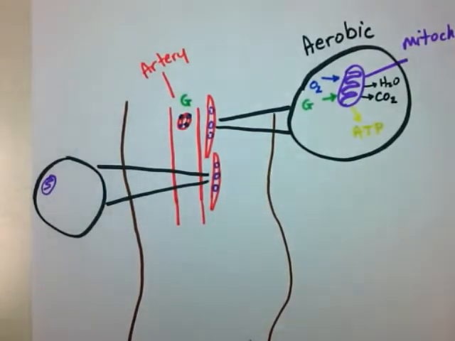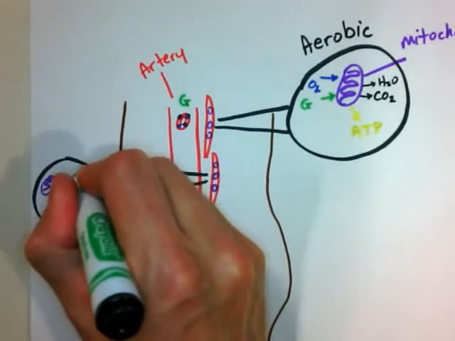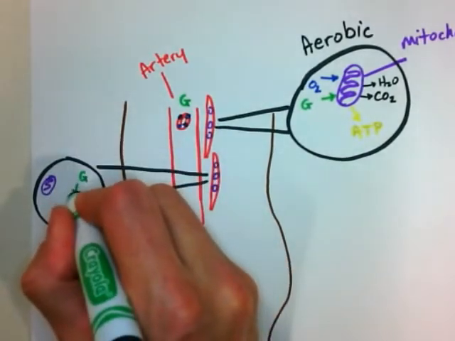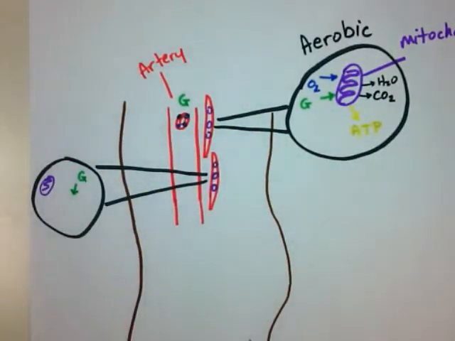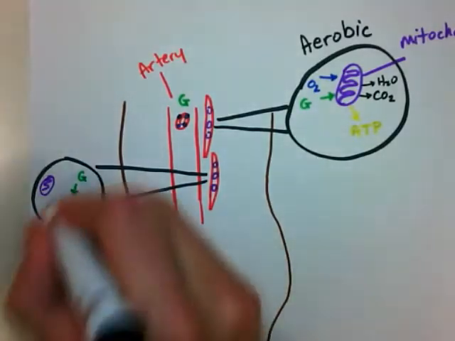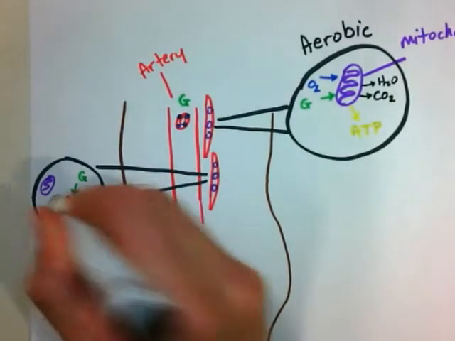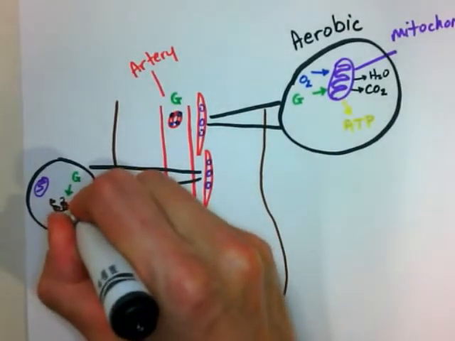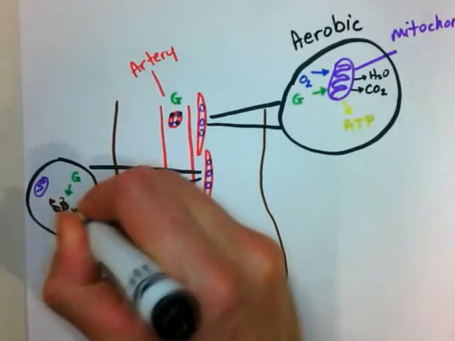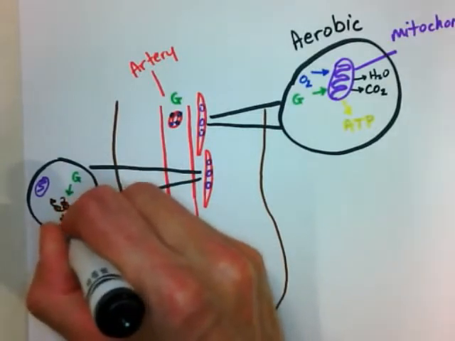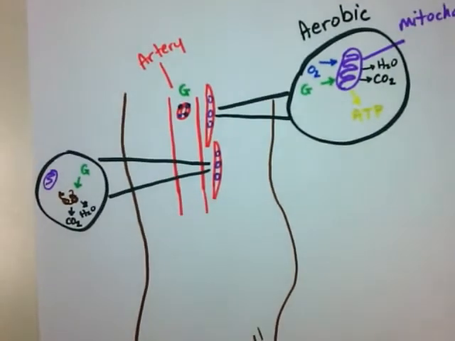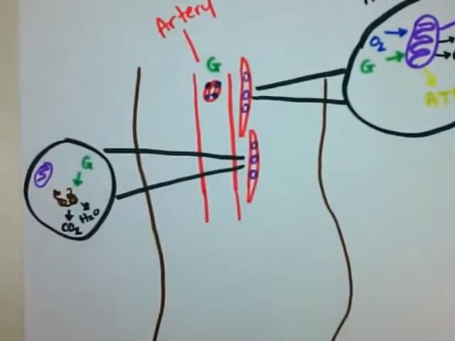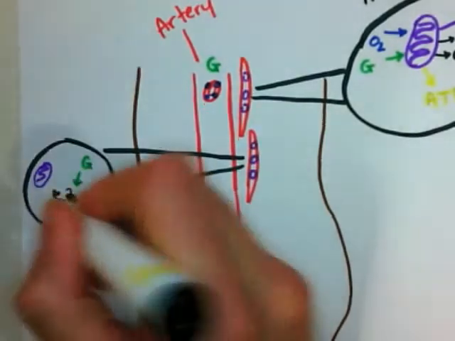Instead, we still have this glucose that's inside, but we don't have any oxygen. Instead, it goes to a type of enzyme, and we're just going to draw squiggle lines. That's my enzyme here. And as a result, this reaction occurs, and you have the same products of water, carbon dioxide, and ATP.